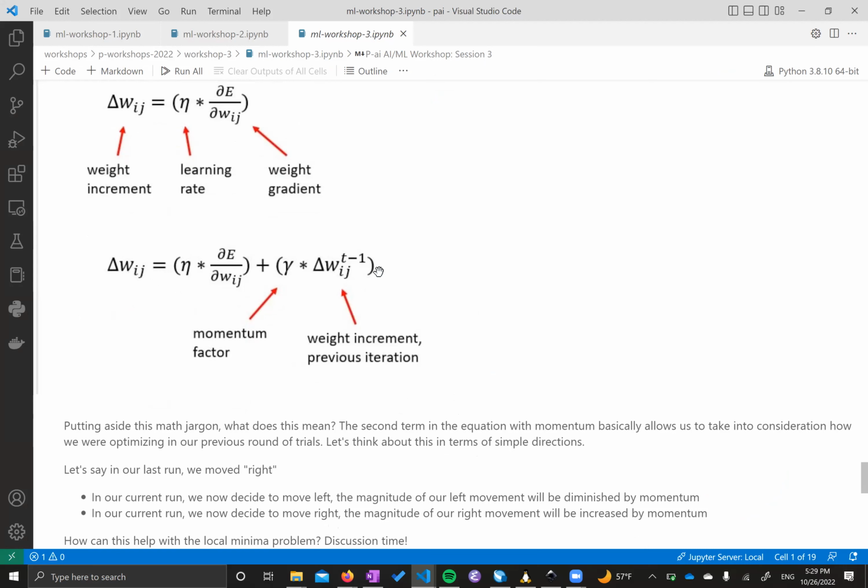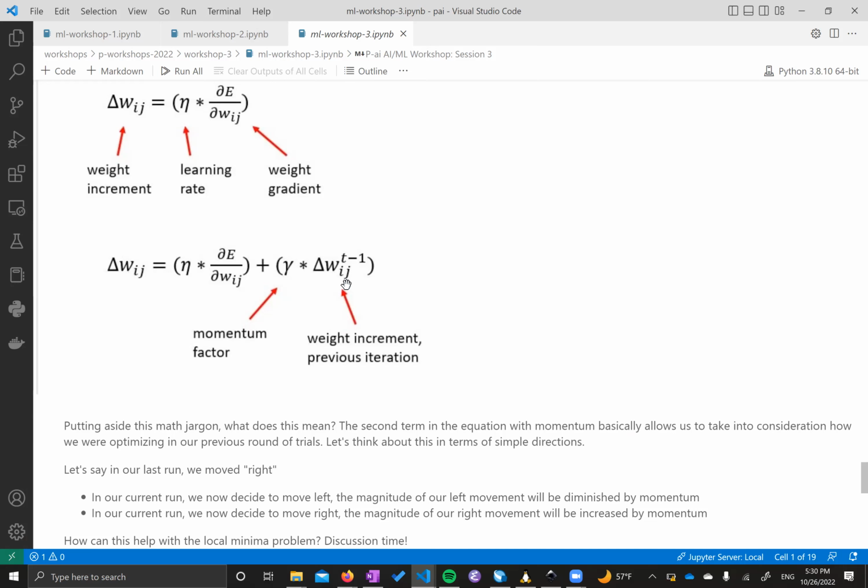And what this is basically telling us is how fast we were going, what our momentum is. For instance, if we were moving in this direction and we compute our error again at this point, that second term is going to inform the model that we were already moving in this direction at some speed.